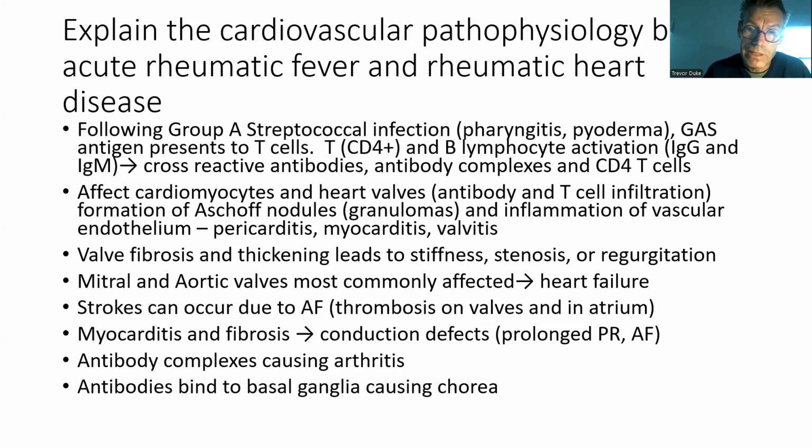And both the antibodies and the T cells that are produced in response to group A strep affect cardiomyocytes and heart valves particularly, and they affect it in terms of antigen-antibody complex deposition, T cell infiltration, and the formation of these things called Aschoff nodules.